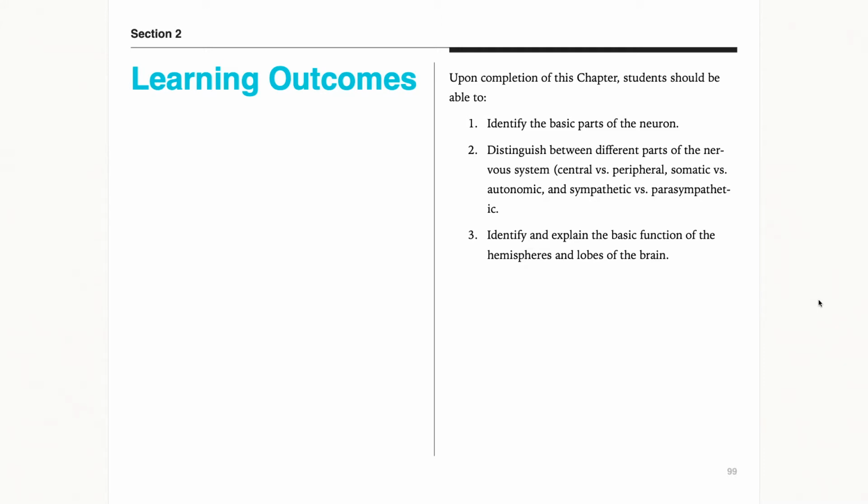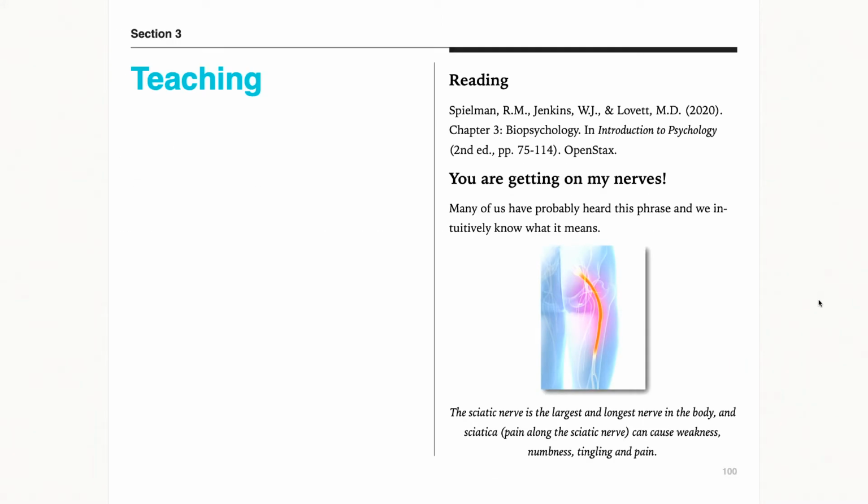We'll be looking at the actual biochemical electrical process that occurs right in the synapse where you communicate from one neuron to another. We're going to look at different parts of the nervous system and look at the basic functions of the brain and the hemispheres. So here we go.